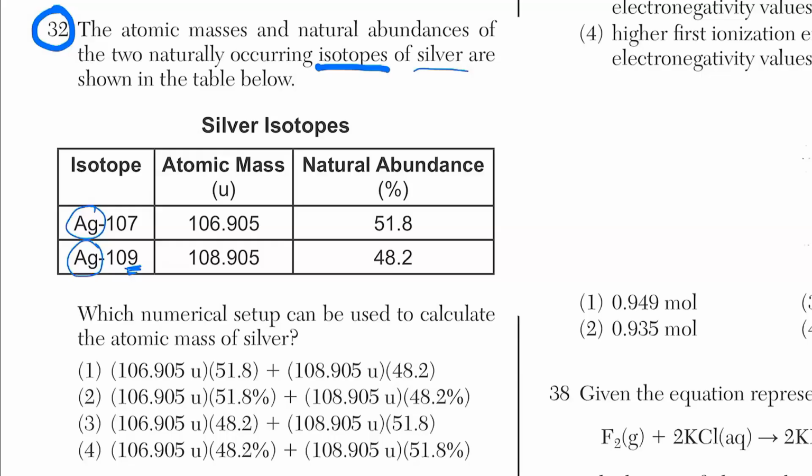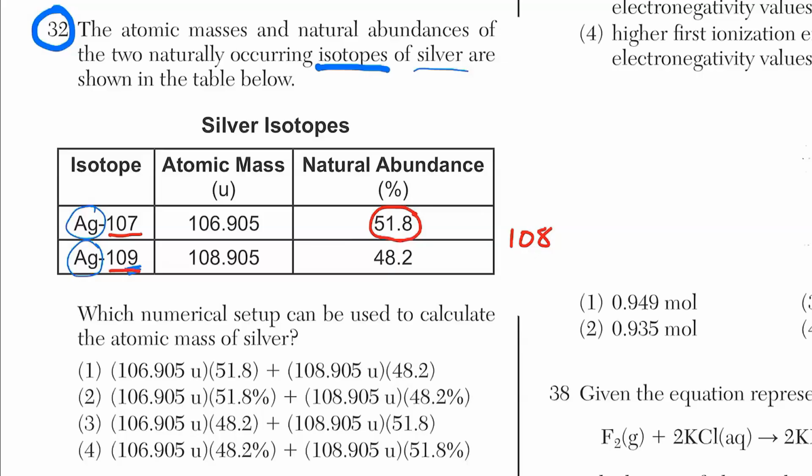If you were to do a straight average between these two numbers, you would get 108. But if you notice, we didn't get 108, we got 107.8 something. So it was closer to 107 because one of the two isotopes exists in a greater abundance.